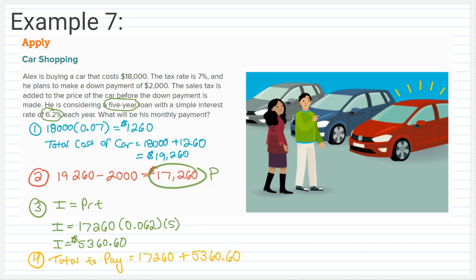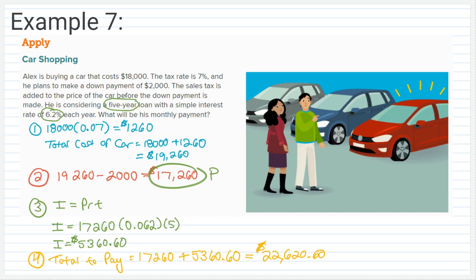So adding those two amounts together is going to give us a grand total of $22,620.60. So that is how much we owe for this vehicle, including interest. And also, again, going back to that first step, we had to include tax as well.